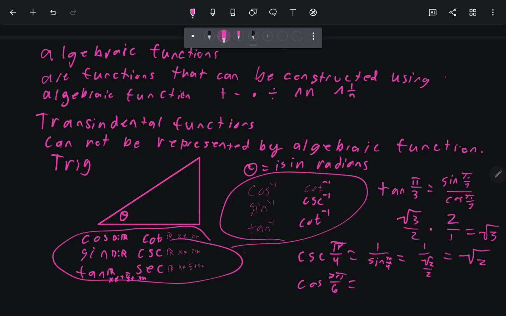So we know cosine of pi over 6 is square root of 3 over 2. And we know that this is going to be over here in our unit circle. So we know our cosine is going to be negative, so that's going to give us a negative square root of 3 over 2.